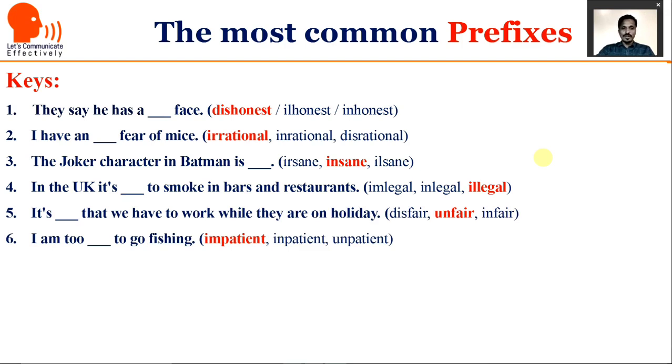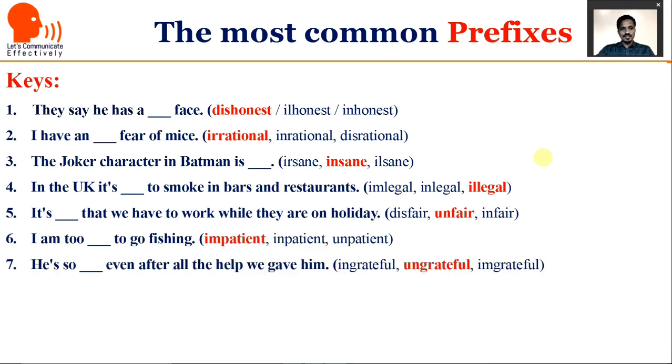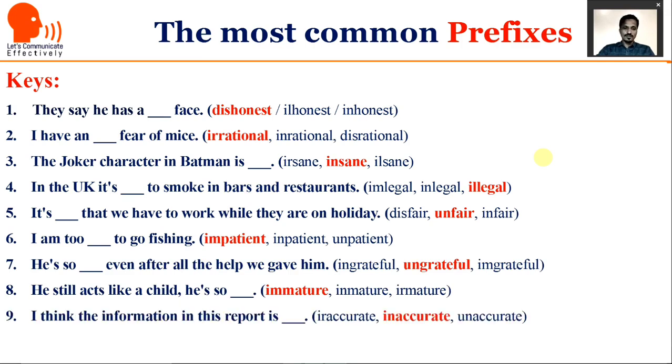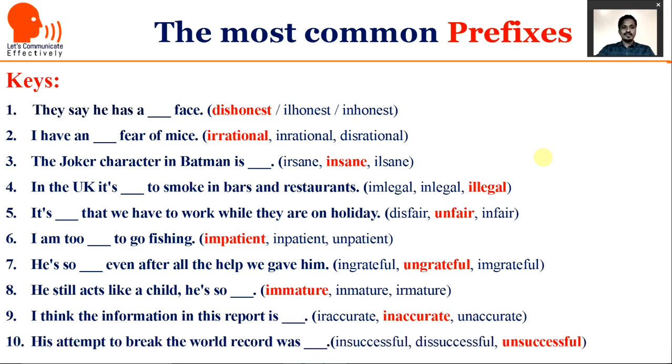I am too impatient to go fishing. He is so ungrateful even after all the help we gave him. He still acts like a child. He is so immature. I think the information in this report is inaccurate. And his attempt to break the world record was unsuccessful.